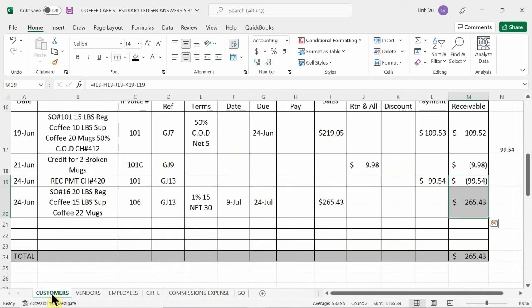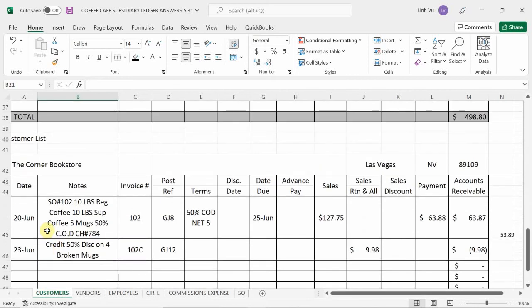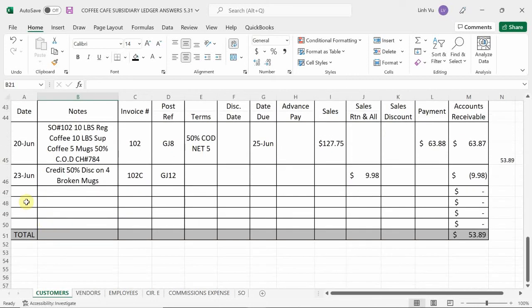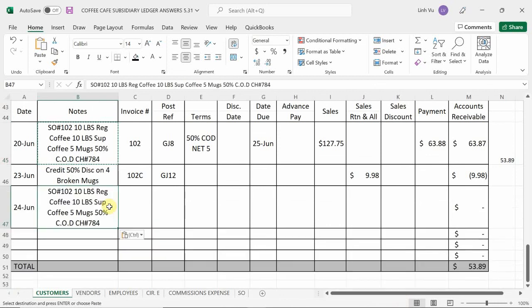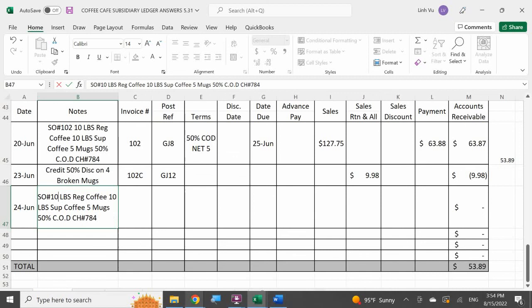customers, for the Corner bookstore. And so they ordered a 15-pound regular and 10 pounds of Supreme. And then it's sales order 106, but we didn't get any payment from them today.